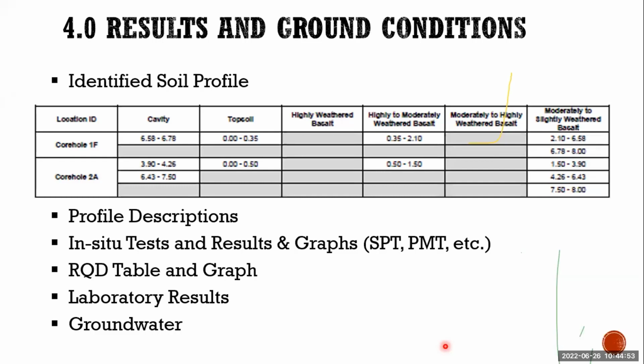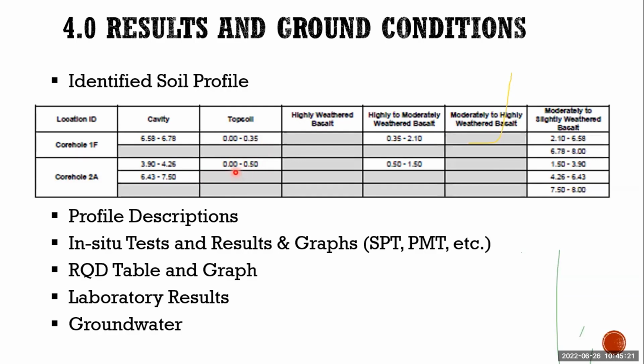Here we mention 2 core holes. You have a cavity, topsoil, and highly weathered basalt. The strata and their thicknesses are mentioned here. For example, for topsoil, I took ground level as 0, and from 0 to 0.35 is the thickness of the topsoil. In another core hole, I have 0.5 meter.